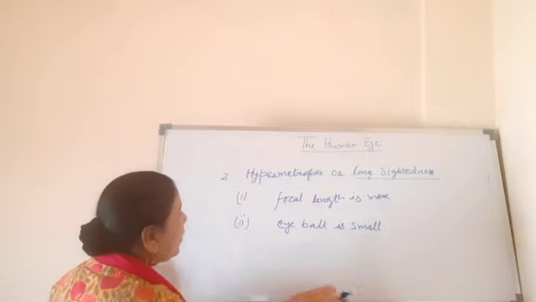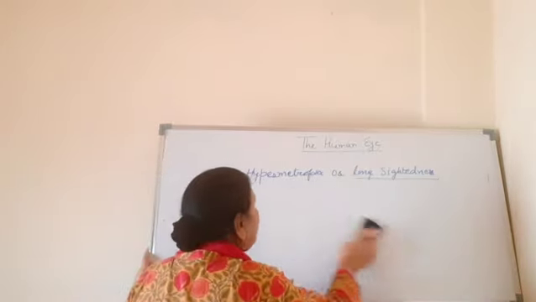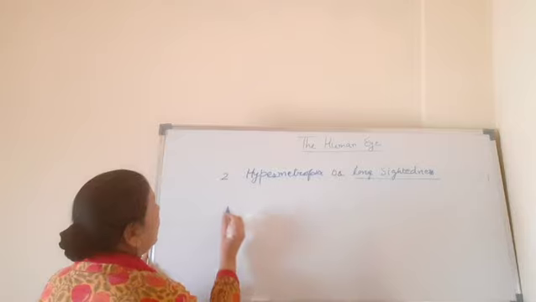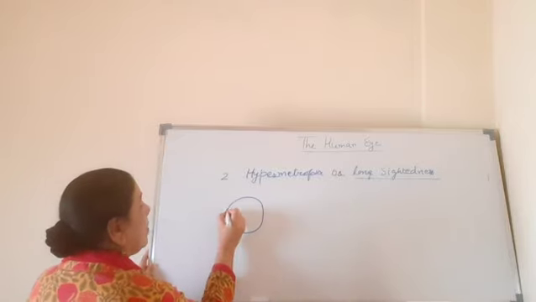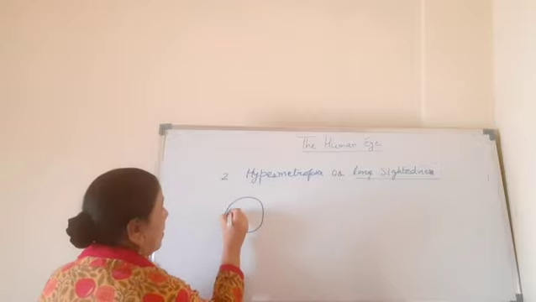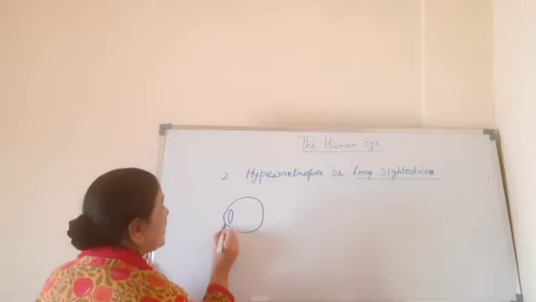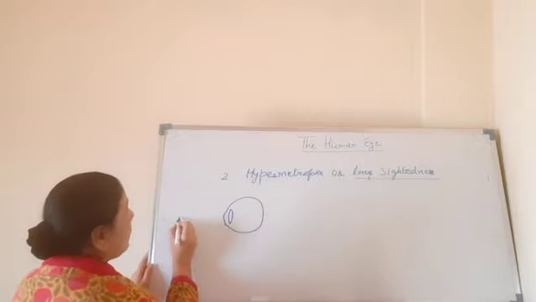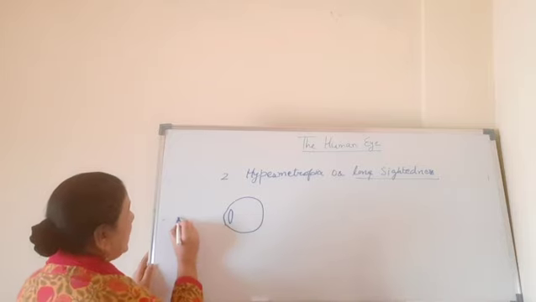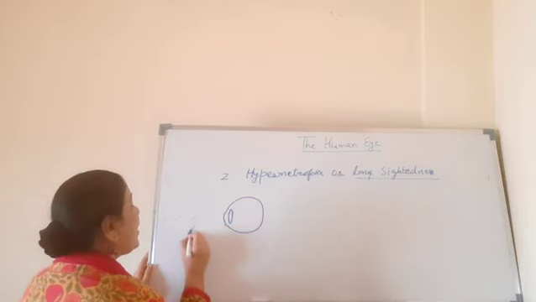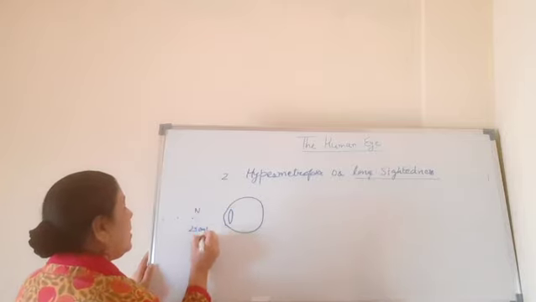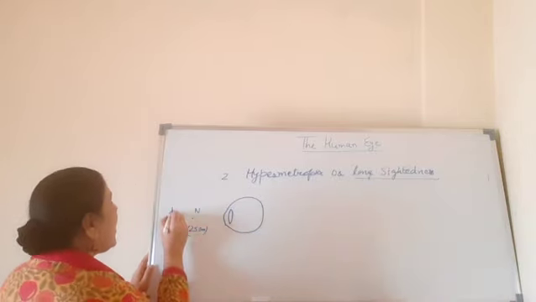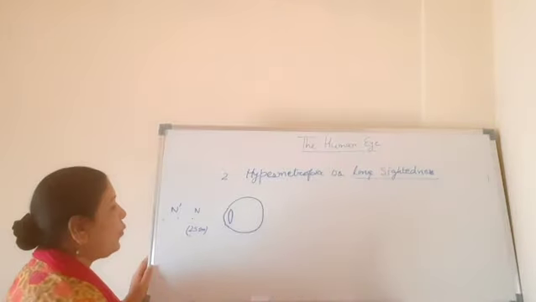So I'll explain it again with the diagram. Say this is our eye lens. So if this is the near point, this was 25 centimeter, I'm showing it as N. It is now N dash for the hypermetropic eye.